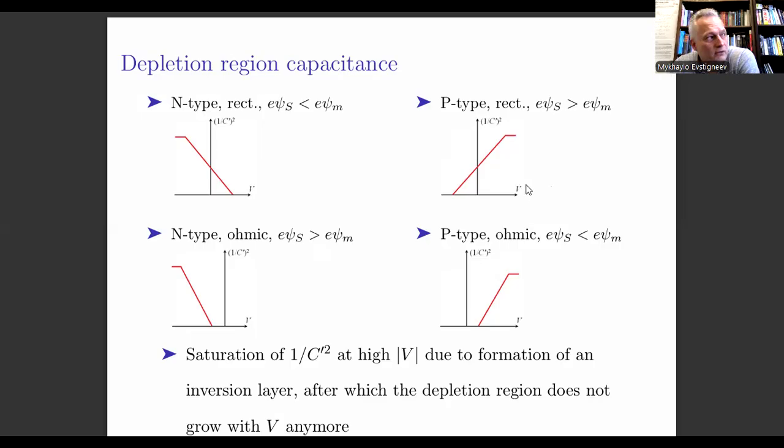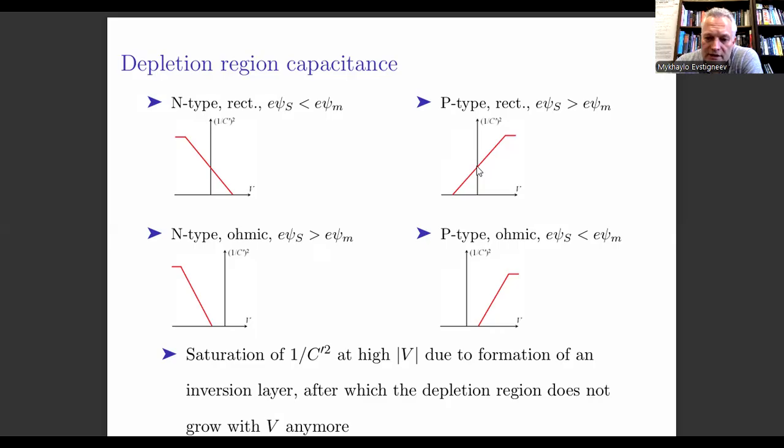Voltage V is the voltage applied to the metal, whereas the semiconductor is assumed to be grounded. As the depletion region grows in size, the capacitance, which is inversely proportional to the depletion region size, decreases, so the inverse capacitance squared increases with the voltage.